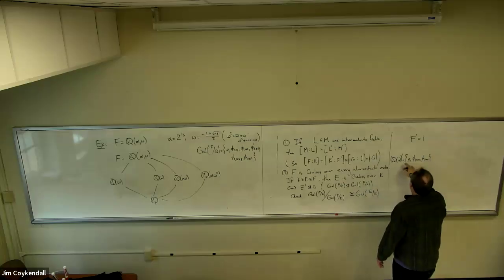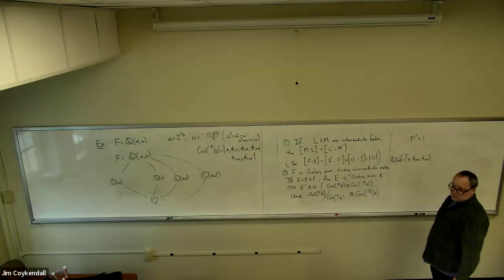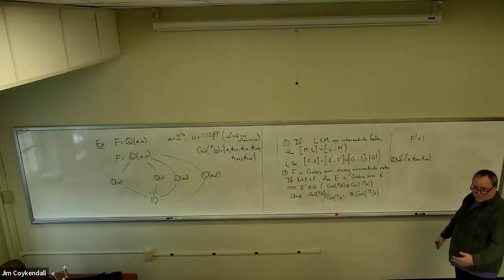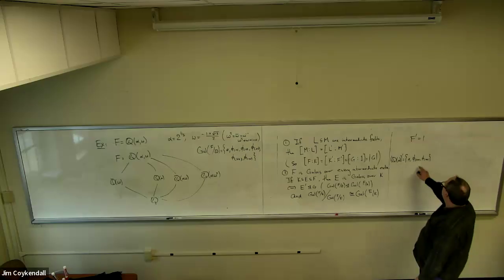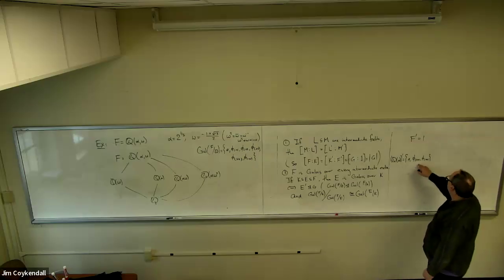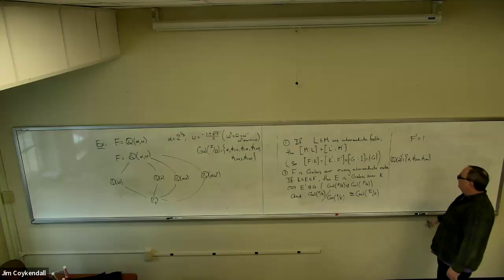These are the set of automorphisms that fix everything in Q(omega), because these are the three automorphisms that don't move omega at all. Notice that this is a group of order 3.